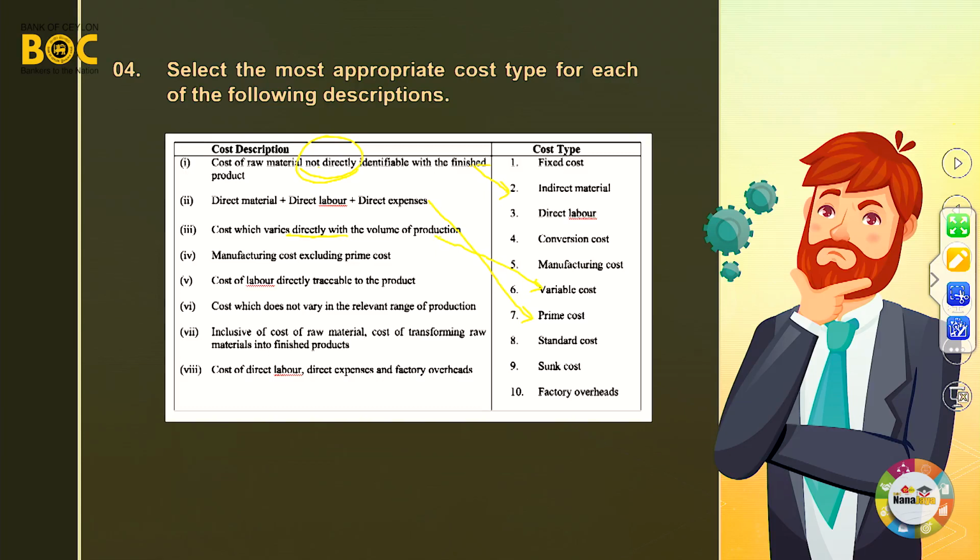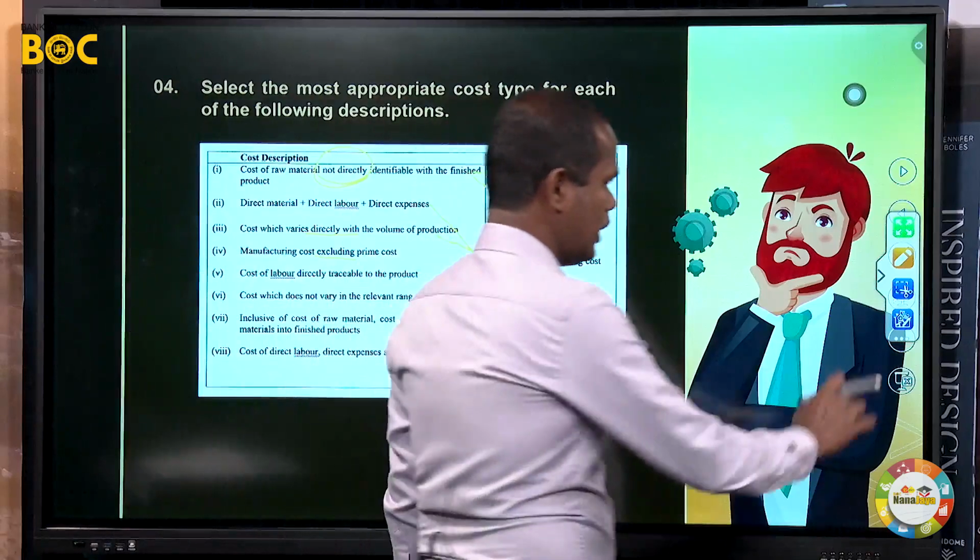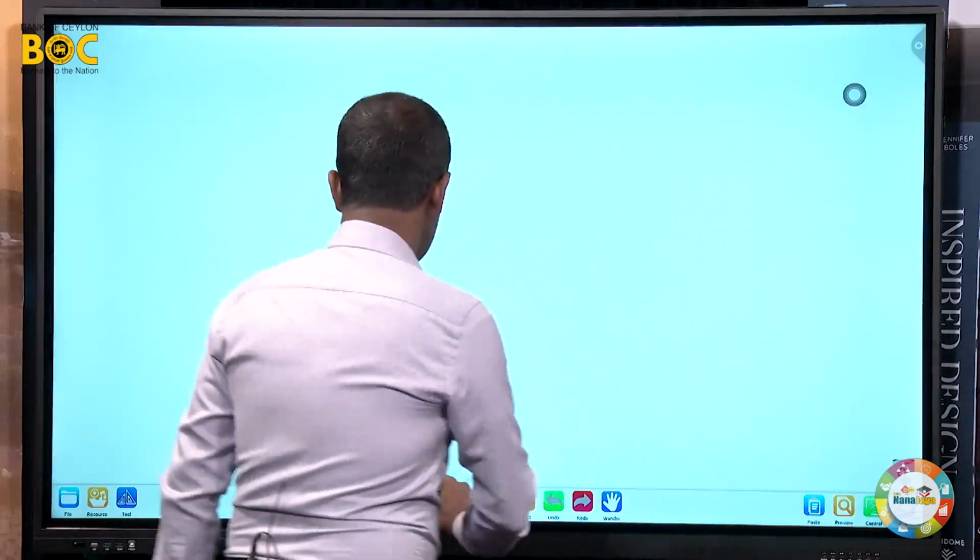The manufacturing cost excluding prime cost. The manufacturing cost, or cost of production, or production cost, mainly consists of two elements. What are those two elements? Prime cost and production overhead.